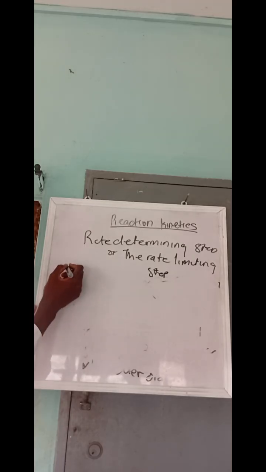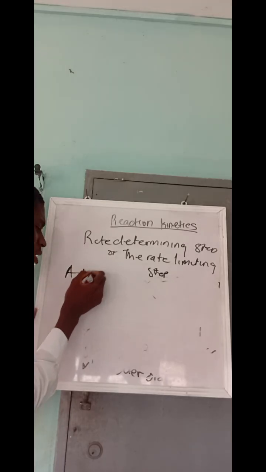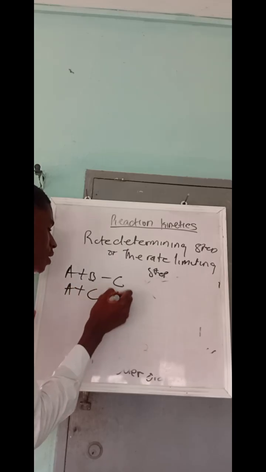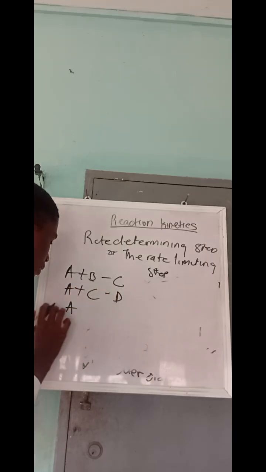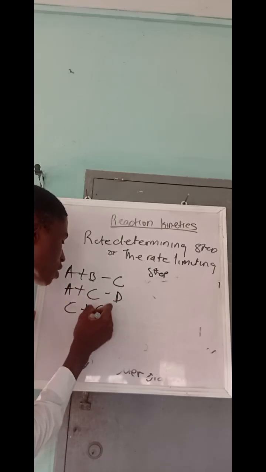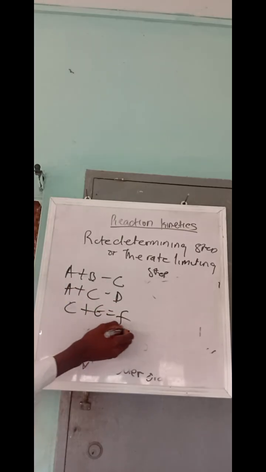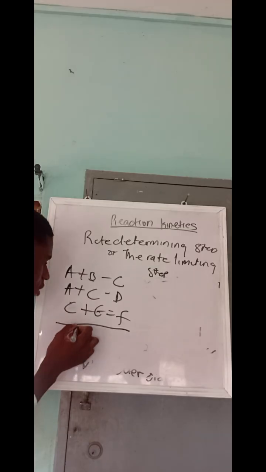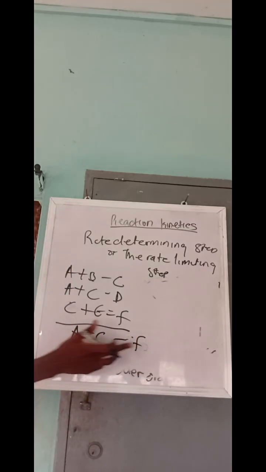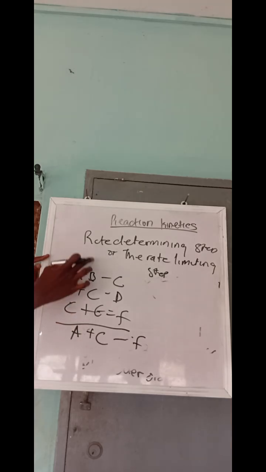If I give you a reaction, A plus B to give C, A plus C to give D, then C plus E to give F, and I say my final reaction is A plus C to give F, automatically this reaction comes from the combination of those reactions.